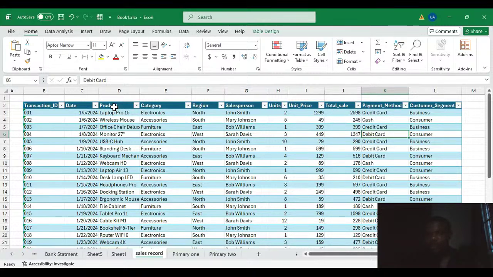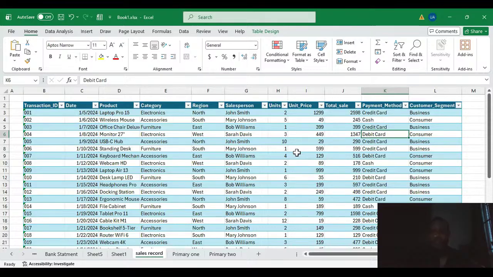For example, I have this place which is products. Now, since you are just starting, you don't compare products and category together or products and region together. What I will advise you to do is to compare products and units, products and unit price, products and total price, which is more like you comparing letters and numbers.